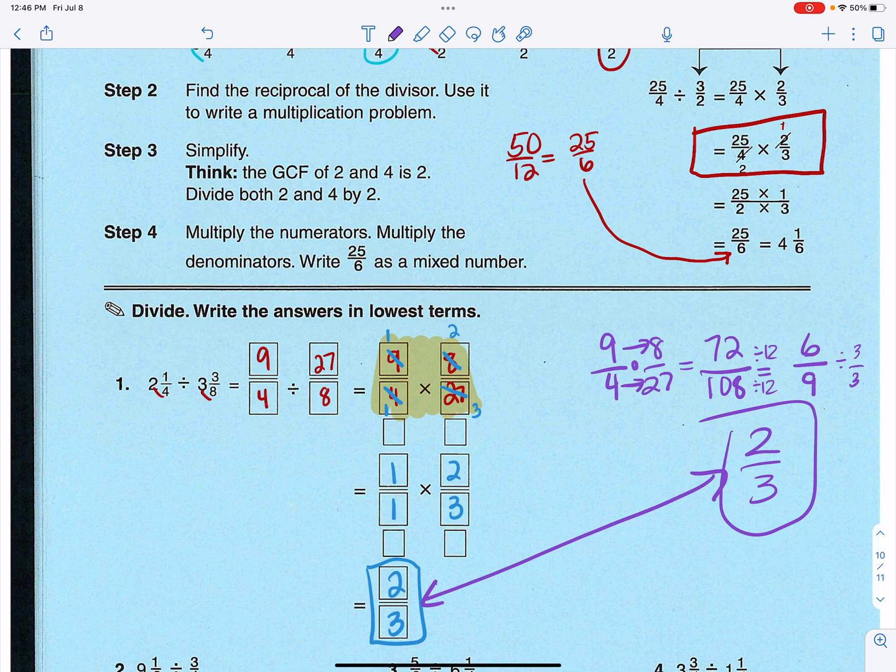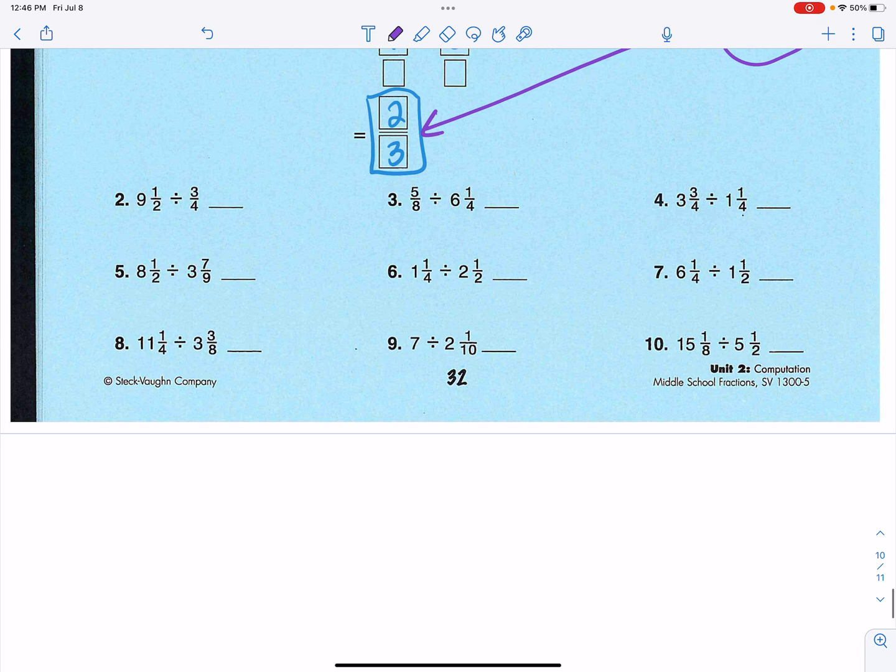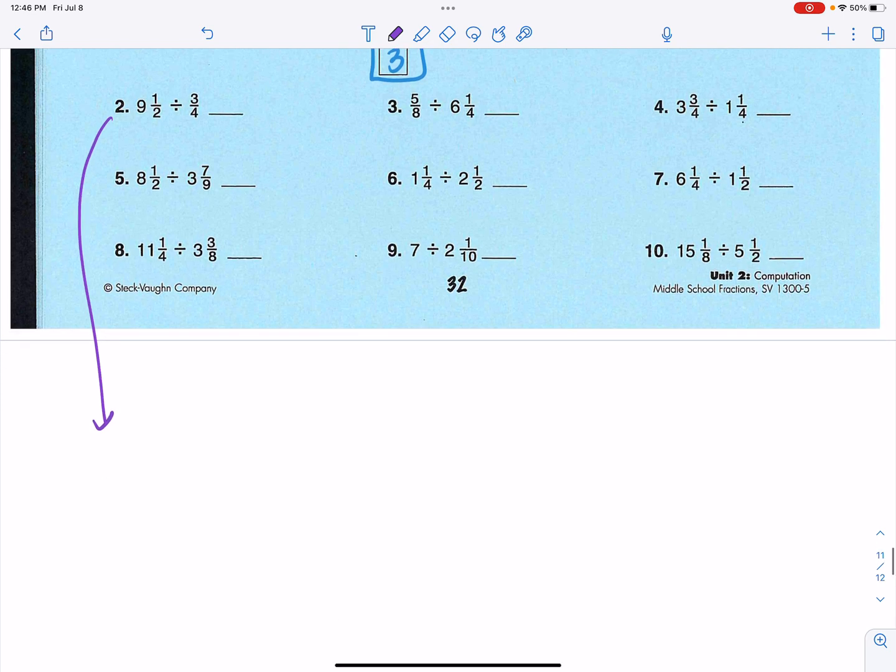Okay, so we're going to do 2 of these examples. I might actually write them down here just so I have a little more room. So if I do this, 9 and 1/2 would be 18 plus 1 is 19 halves divided by 3/4. So now I'm going to multiply by the reciprocal. Okay, that's a 3.